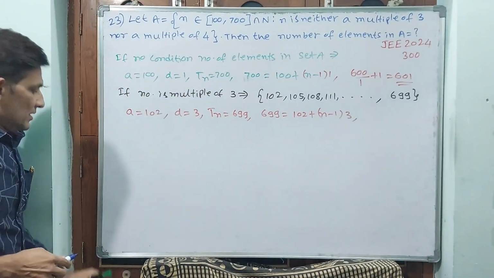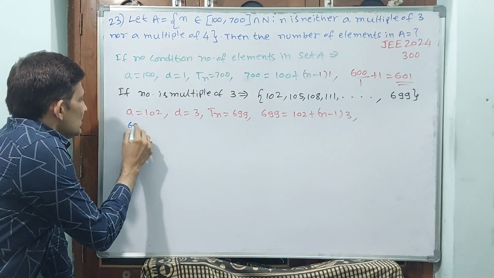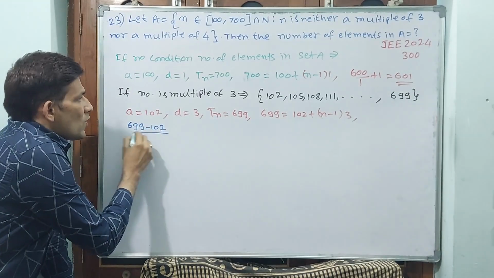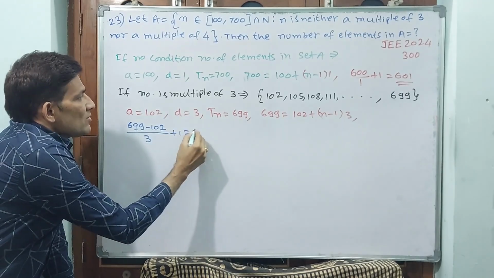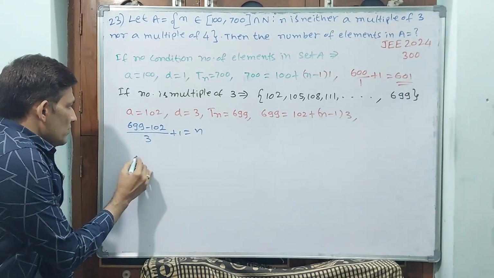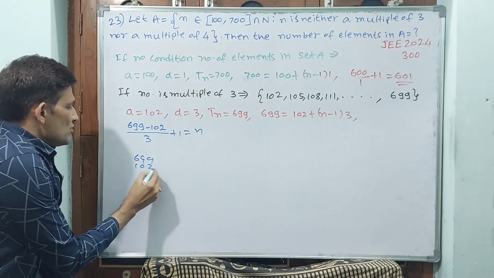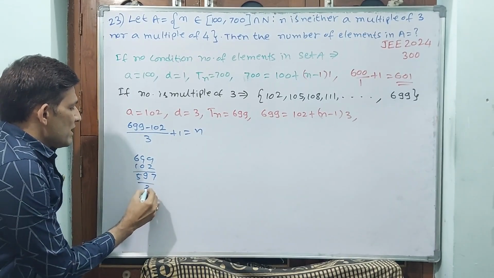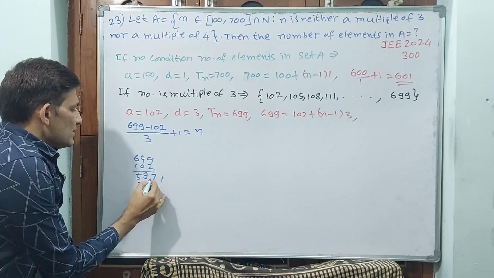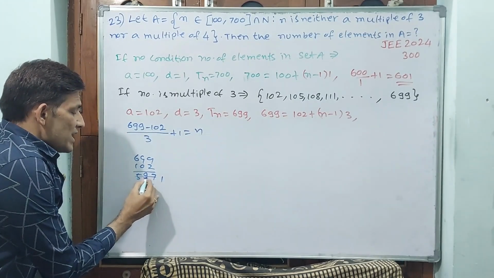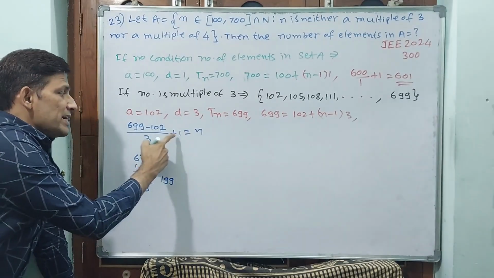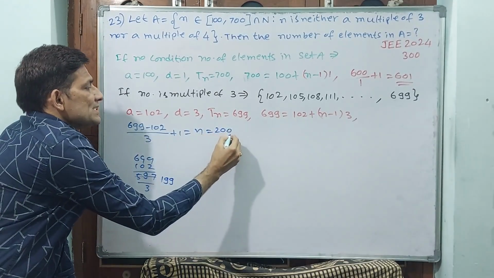699 minus 102, divided by 3, plus 1 is equal to n. 699 minus 102 is 597, divided by 3: 3 ones are 3, 3 nines are 27, 199, 199 plus 1 is 200.